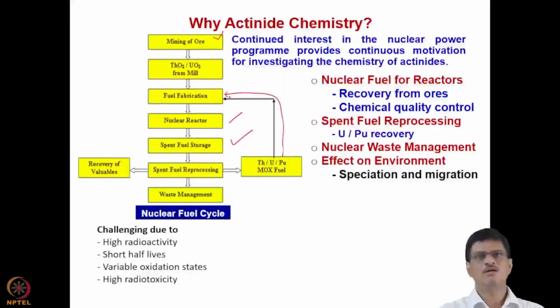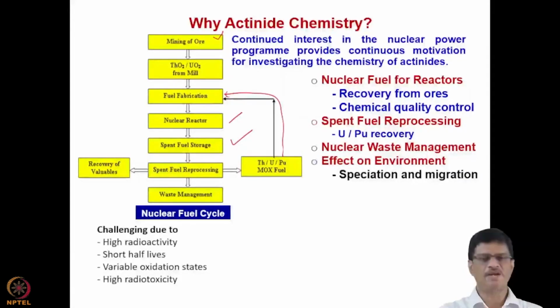So this is the nuclear fuel cycle, or a closed nuclear fuel cycle, which we will be discussing subsequently in this lecture. Now, the chemistry of actinides is very, very important because of its application in the nuclear reactors.